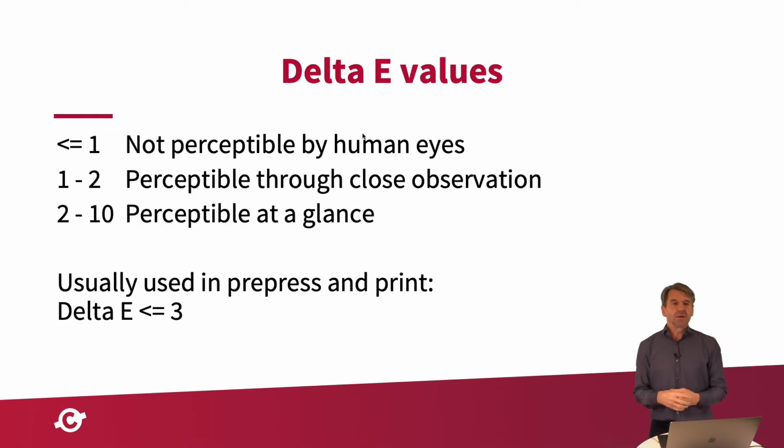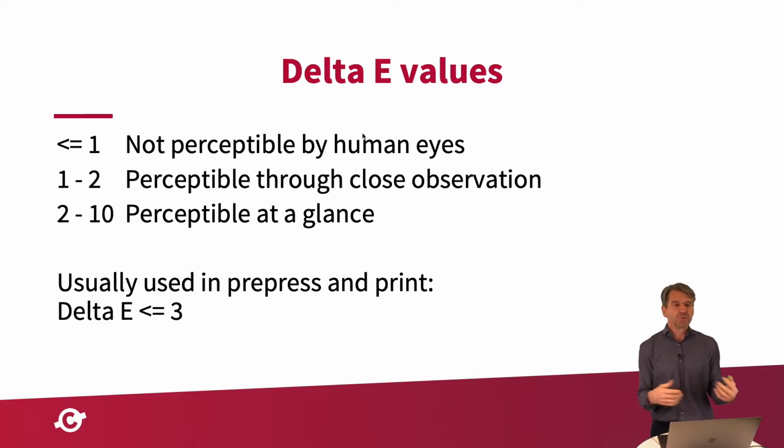And then here some explanation on the values. So delta E, smart people say if it's below or similar to 1, then the human eye, the human brain can't recognize any differences. Between 1 and 2, you can see differences with close observation.